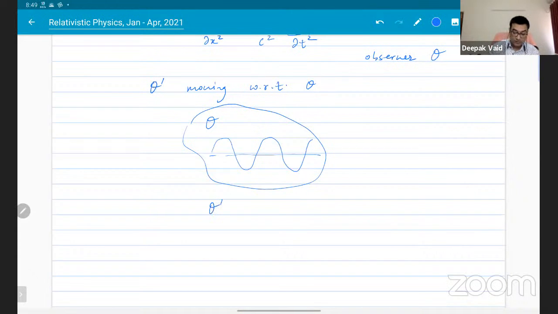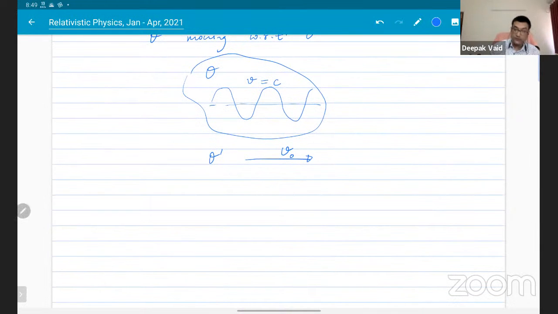And then you have some observer O prime. O prime is moving with respect to O, again in the x direction to keep things simple, with some velocity, let's say u naught. Now, what is the speed of this wave? The speed of this wave, as seen by O, is c, right?